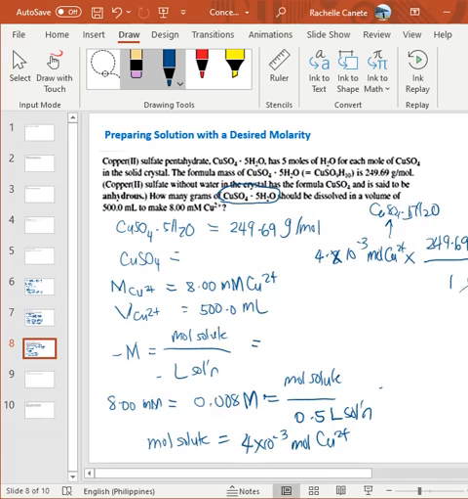So the units cancel, which means we have 0.999 grams of copper sulfate pentahydrate. So what you need to do now is weigh 0.999 grams of copper sulfate pentahydrate. Remember, what you weigh is the pentahydrate, because that's what you used in your calculation.